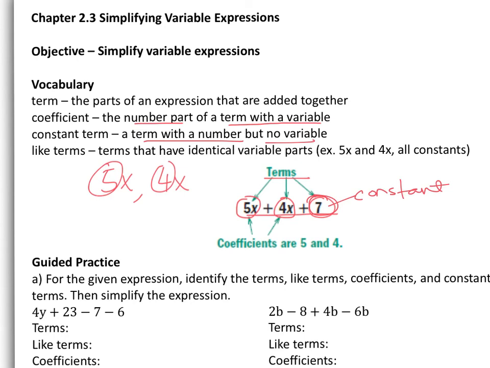So for example, 5x and 4x will be considered the like terms for this numerical expression. All constants would also be your like terms. So for example, in this case, if I have 5x plus 4x plus 7 minus 8, plus 7 and minus 8 will be my constants, or negative 8.